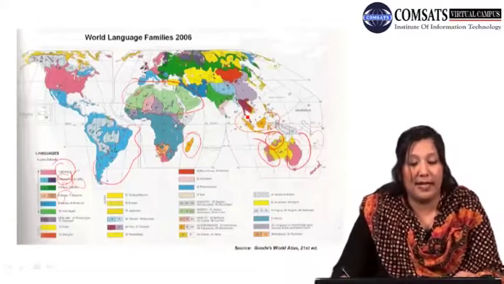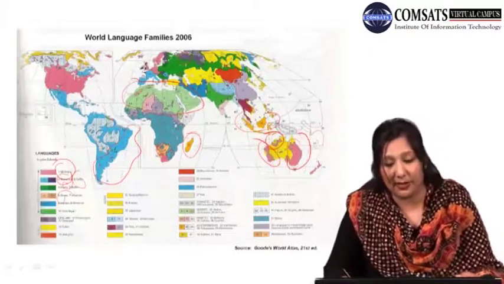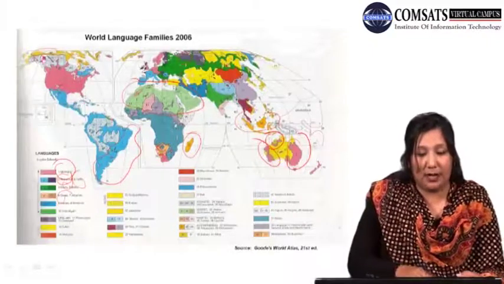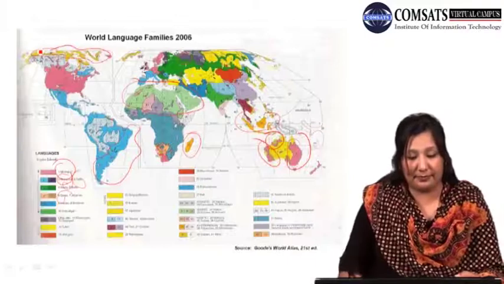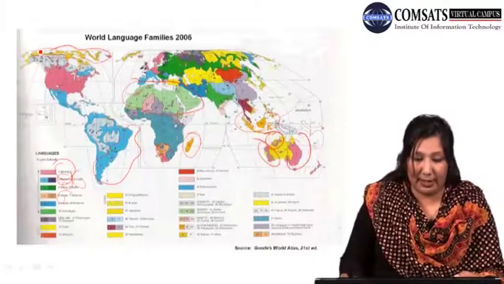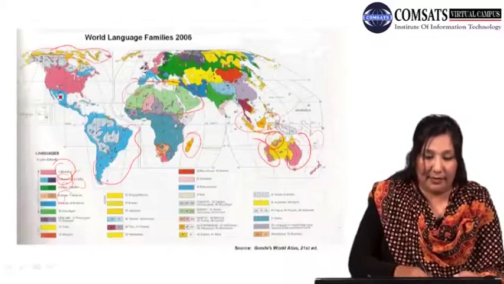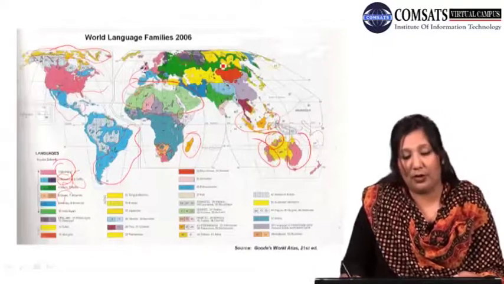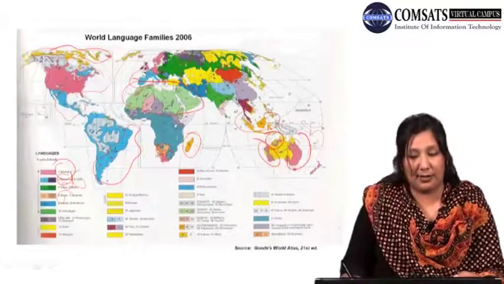Next are the Albanian languages. Albanian was spoken in this part of the land. There come Iranian and Armenian languages. They are spoken around this part of the world.